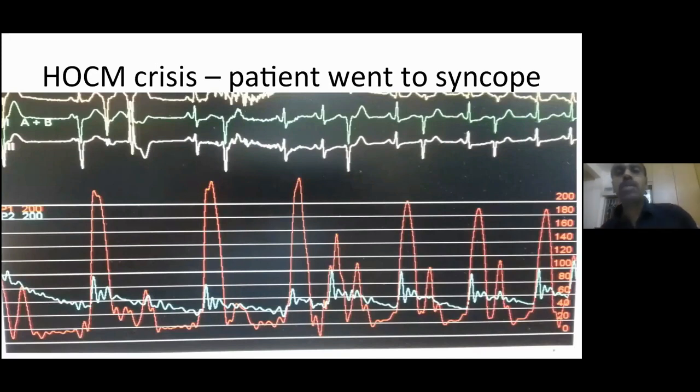Syncope in hypertrophic cardiomyopathy can be hemodynamic or arrhythmic, and we need to differentiate whether it is a hemodynamic syncope or an arrhythmic syncope in order to provide the correct type of treatment. For a person who is having an arrhythmic syncope, that means recurrent episodes of ventricular tachycardia, the treatment is different.